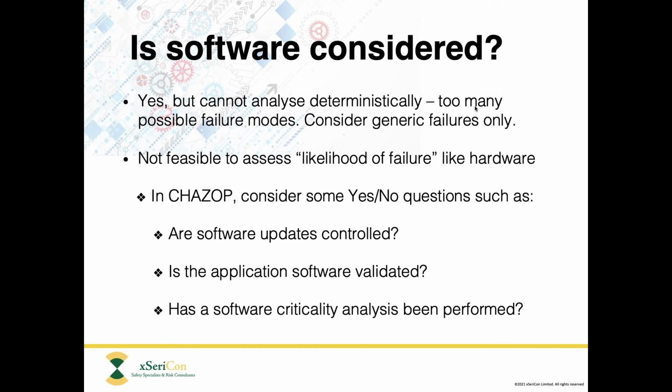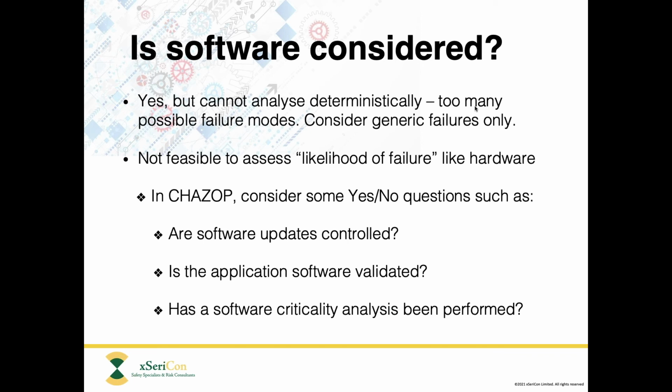Now, what about considering software failure cases? Well, software clearly is part of the control system and clearly needs to be evaluated at some time. But we can't really assess it in the same way that we do other kinds of failures, like misoperations or hardware failures, in a deterministic way, because there are too many different ways in which software can fail.